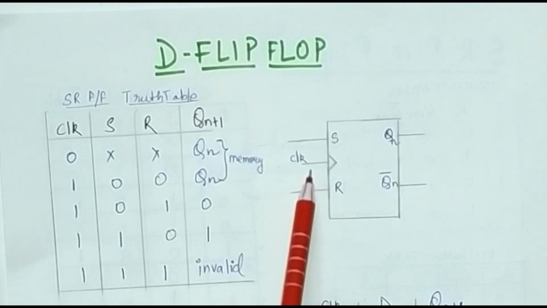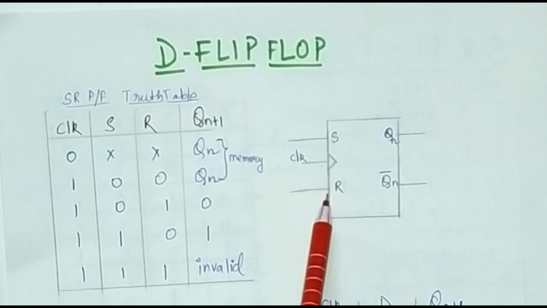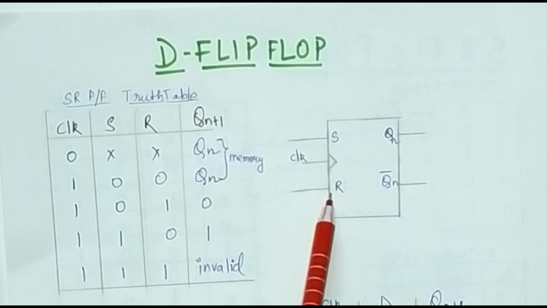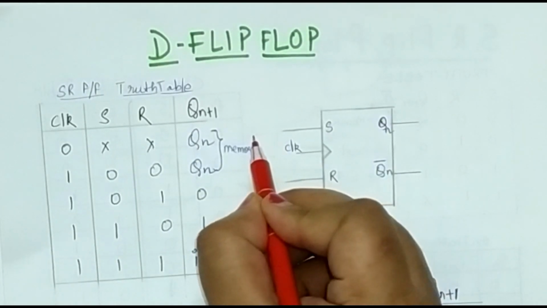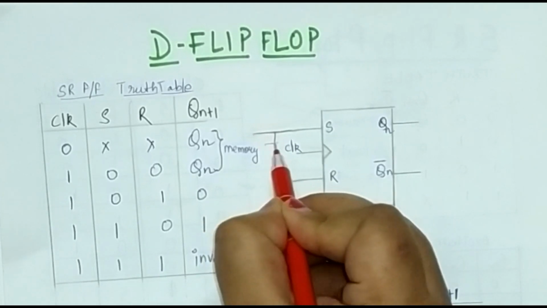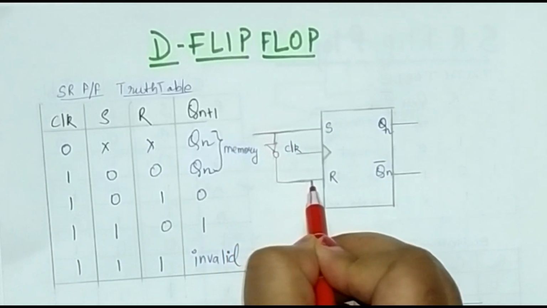When designing an SR flip-flop, we use two inputs. Instead of using two inputs, we can take one input and take the complement of it for the other input. We take one input like this, put a NOT gate over here, and give its output to the other input.